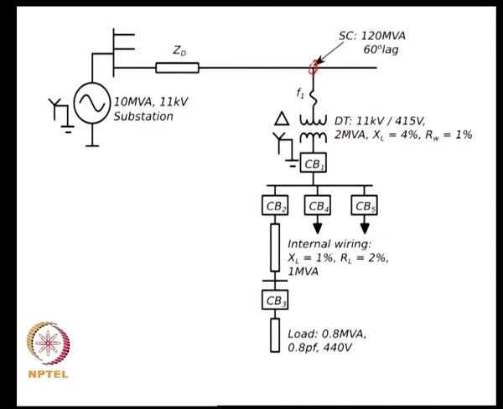and it is rated at 2 MVA, and you want to size the protection components on this particular system, for which you need to know the fault current levels. One common way of explaining what the fault current level could be is in terms of your short circuit capacity.